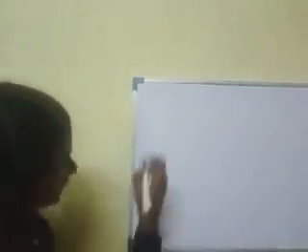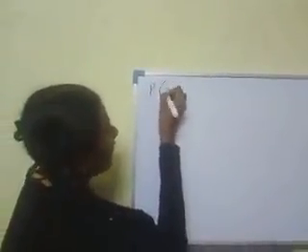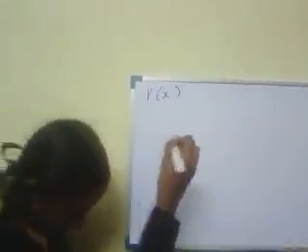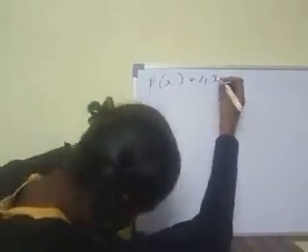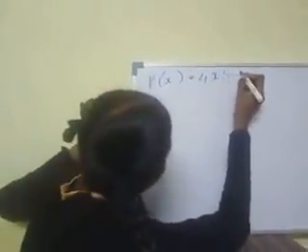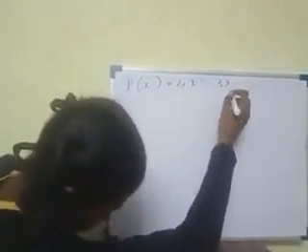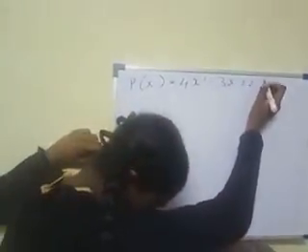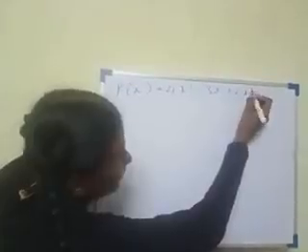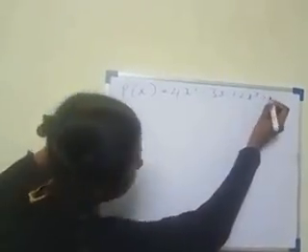That is, p(x) is equal to 4x^2 - 3x + 2x^3 + 5.